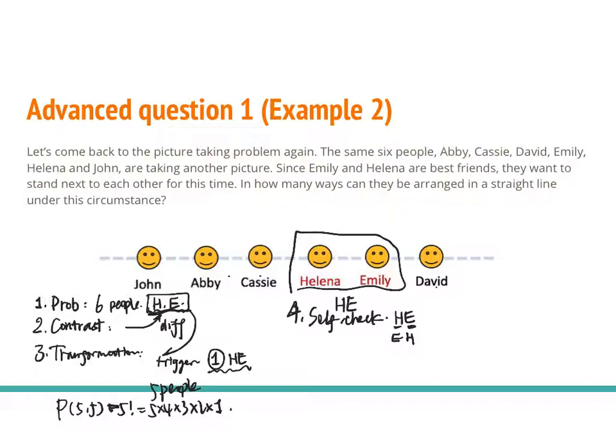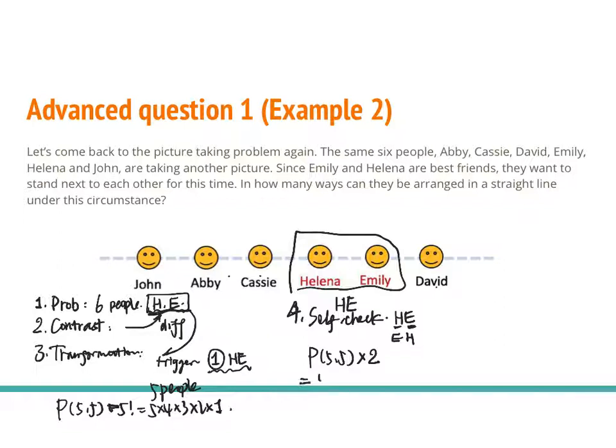So if we apply the multiplication principle here, there are 2 steps in one problem. The first step is the permutation of the 5 people together. The second step is to identify the inner order of Helena and Emily, so you have to multiply by 2 because there are 2 selections for the second choice.